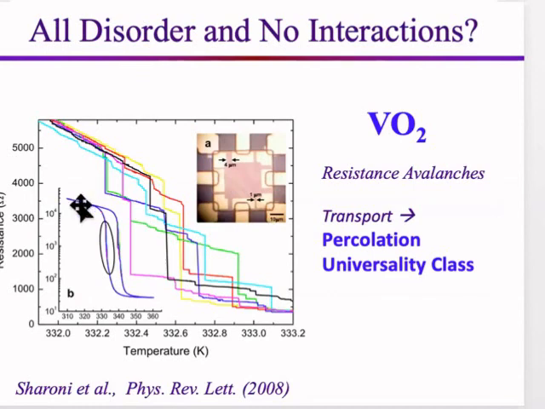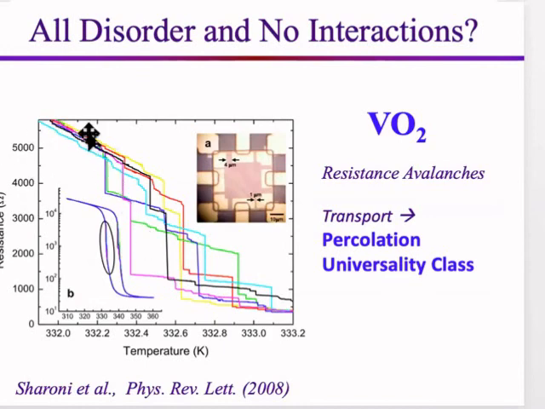And of course, they see the large change in resistance as they go through the metal insulator transition. But when they zoom in and really study very carefully the resistance as a function of temperature, as they tune the temperature, they actually see discrete jumps. And what they saw was that the series of discrete jumps has some similarity as they go through the hysteresis loop multiple times.